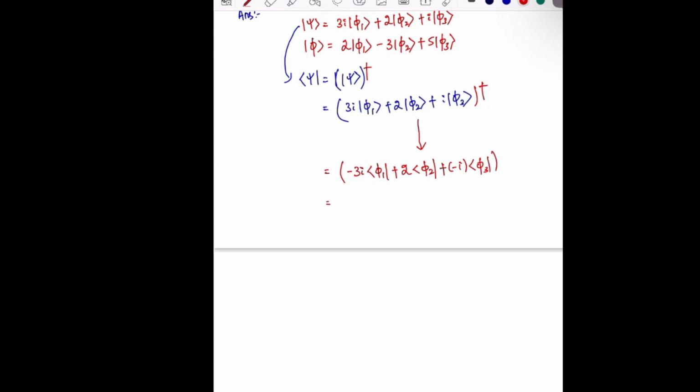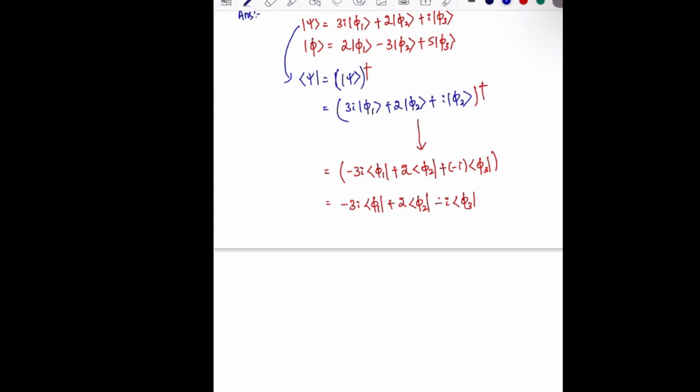So the final expression will be minus 3i phi 1 plus 2 phi 2 minus i phi 3. So this is the final expression.